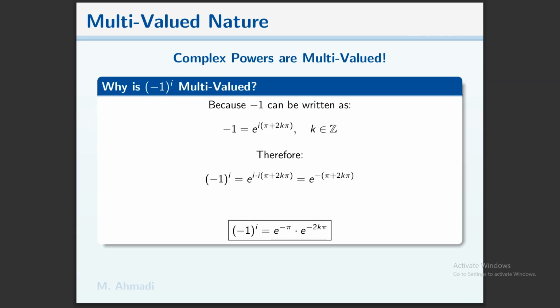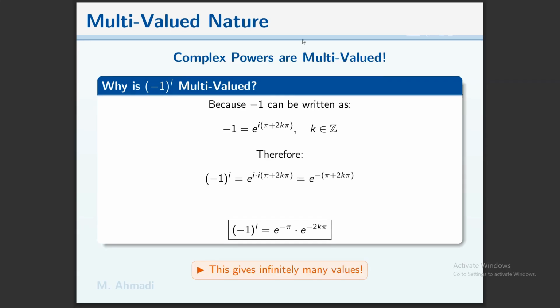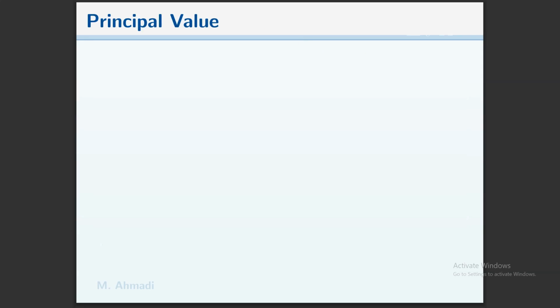And so minus 1 to the i equals e to the minus pi multiplied by e to the minus 2k pi. This gives infinitely many values for different values of k.